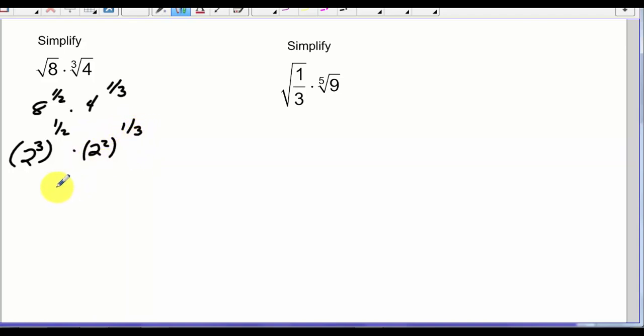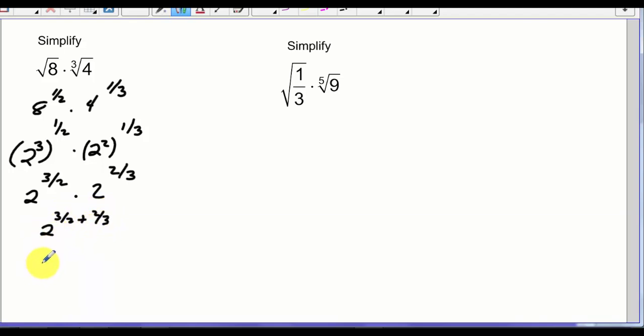Now I'm able to multiply exponents, and I have 2 to the 3 halves multiplied by 2 to the 2/3. Now I'm able to add the exponents since I have the same base. So this is 2 to the 3 halves plus 2/3.